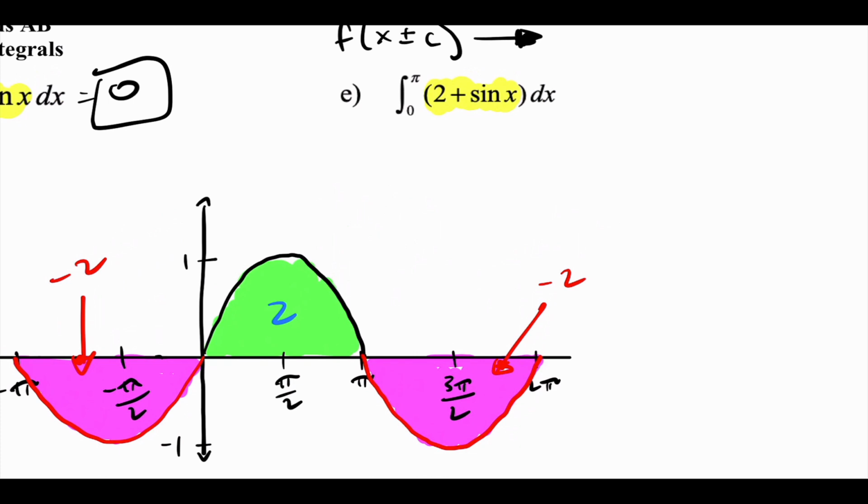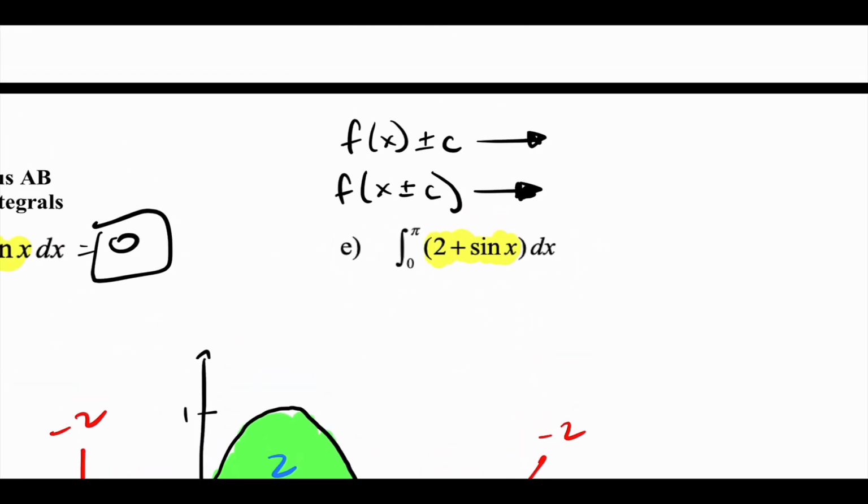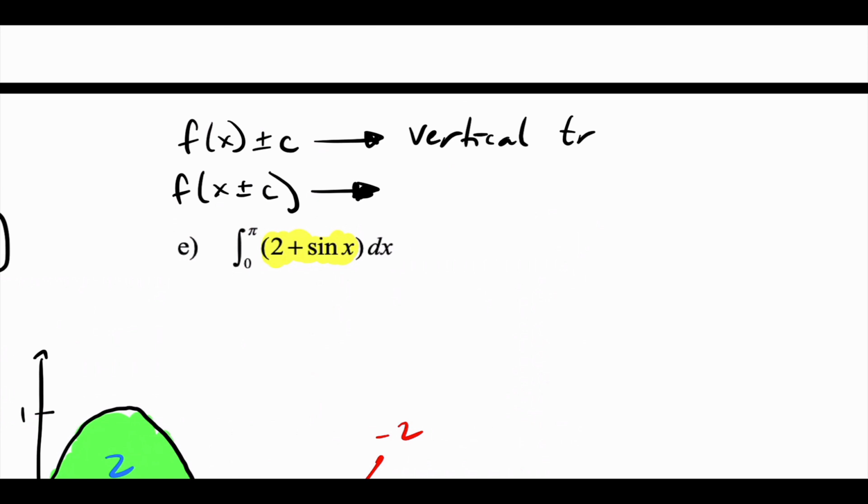Yeah, that +2 is what we call a vertical translation. It's either going to move it up or down. And since it's +2, it's going to move it up, right? This is what we call a vertical translation or a vertical shift. The difference would be a horizontal shift.